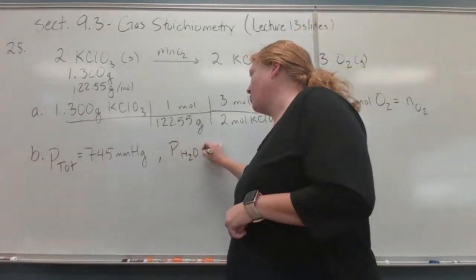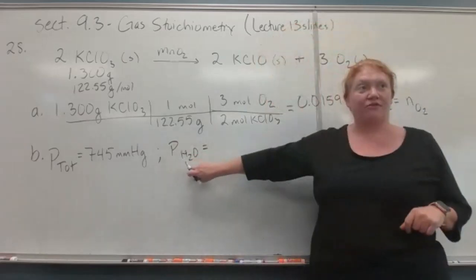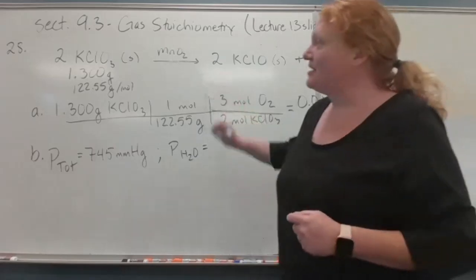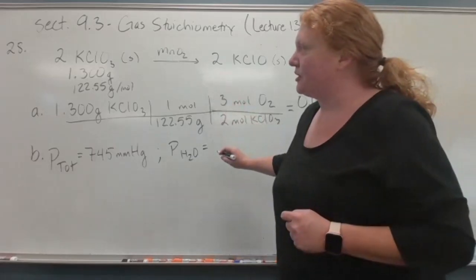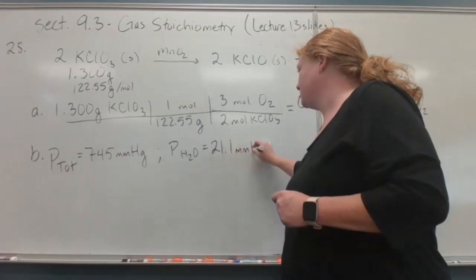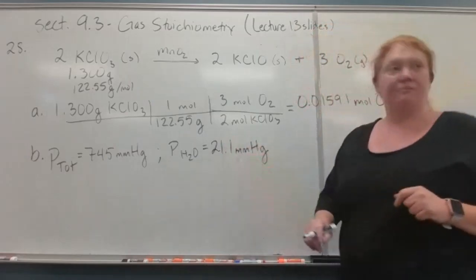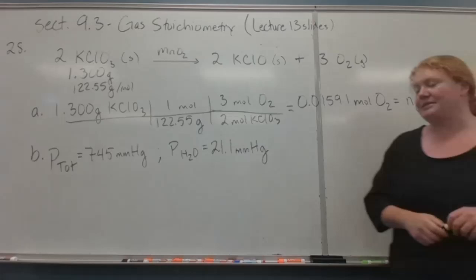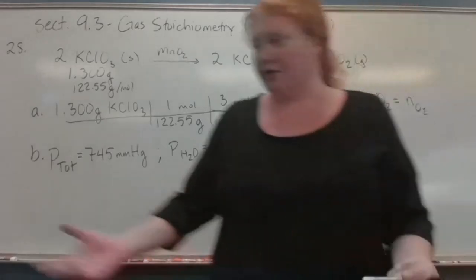Because when you collect a gas over water, there is some amount of water vapor in the same vessel. That's a mixture of gases. At 23 degrees C, this pressure is 21.1 millimeters of mercury. This is very similar probably to the water vapor you did in that lab at 23 degrees C, with where most of our room temperature water is at.